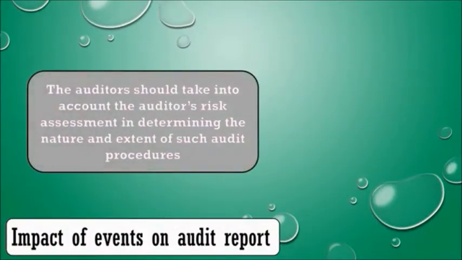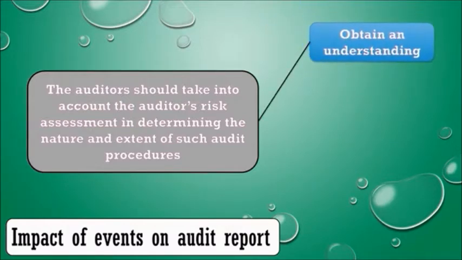The auditor should take into account the auditor's risk assessment in determining the nature and extent of such audit procedures, which include: first, obtain an understanding of any procedures management has established to ensure that subsequent events are identified.